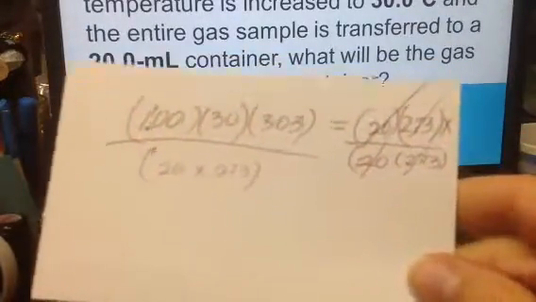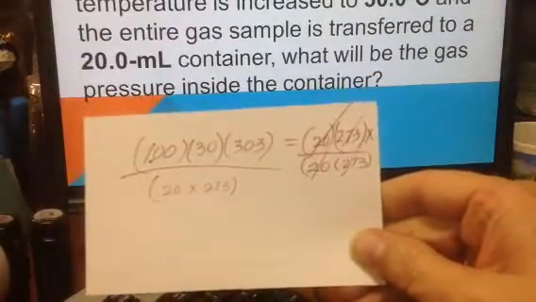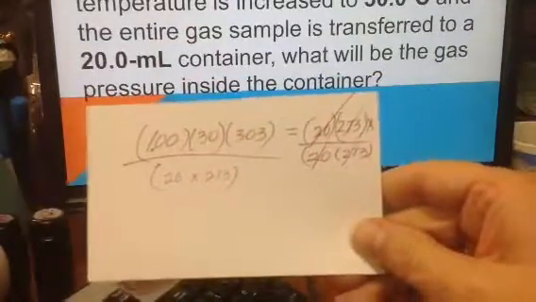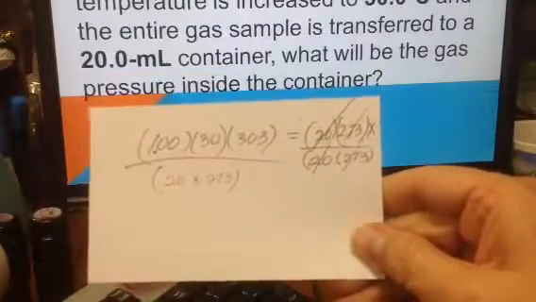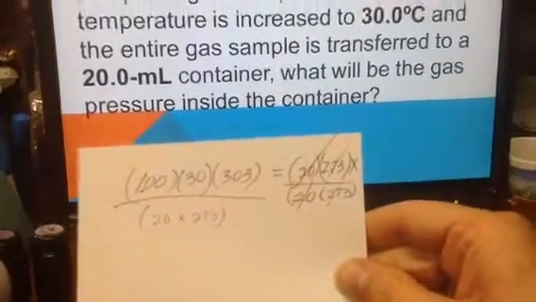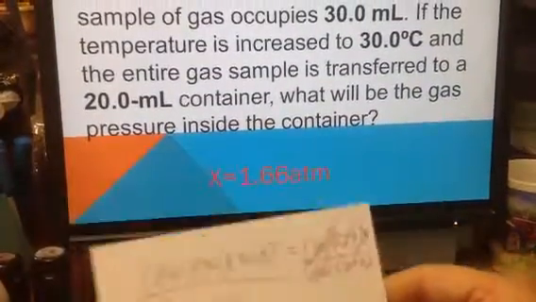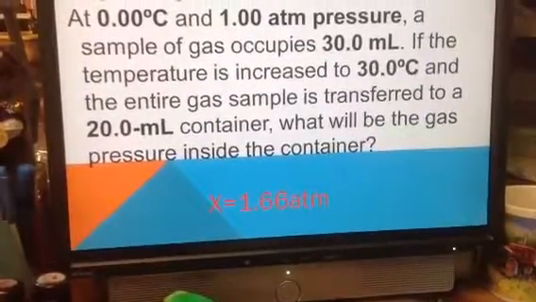On this side, it's very important to remember that when I do this multiplication problem, my 20 times 273, since there are two things under the divide sign, has to be in parentheses. So please be sure to do that to ensure you get the 1.66 atmospheres answer.